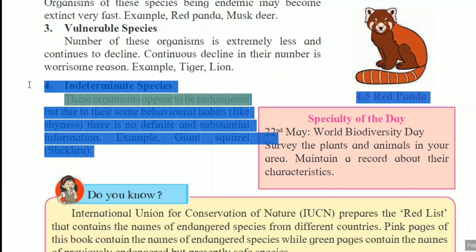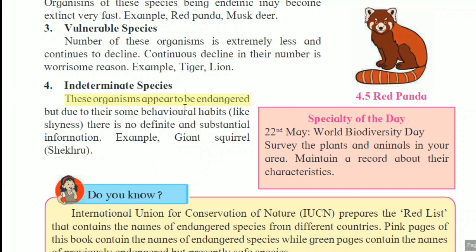Last one, indeterminate species. Indeterminate species means the organisms appear to be endangered, but due to some behavioral habits like shyness, there is no definite and substantial information. Indeterminate species, that means they are in the endangered zone. उनके नंबर कंटिन्यूसली डिक्रीज हो रहे हैं.